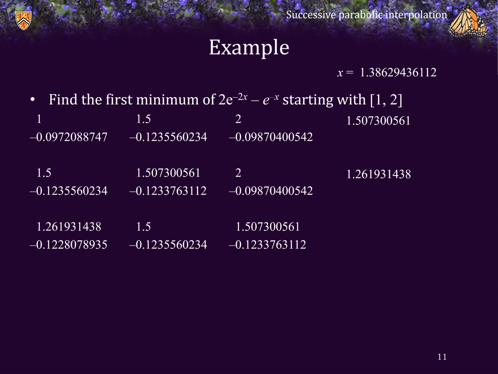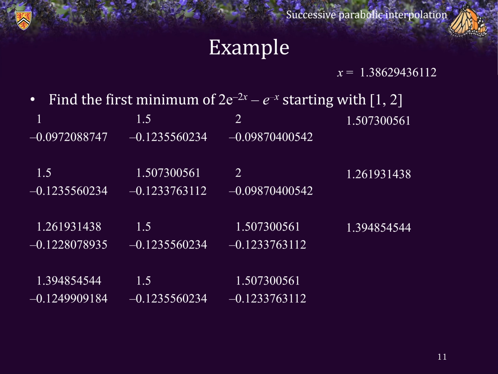So once again, find the interpolating quadratic, find the minimum of that interpolating quadratic, and it is at this point. At this point, we can now discard the first point again, and we continue. We find the interpolating quadratic.